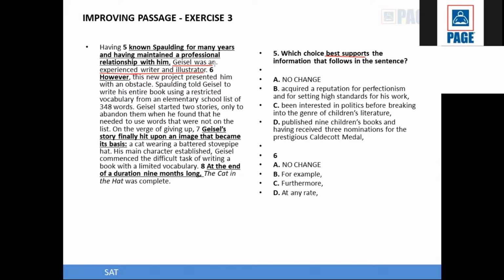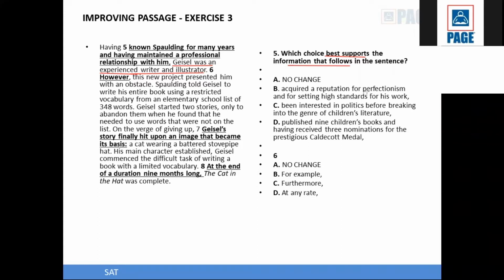Which sentence talks about he was an experienced writer and illustrator? They're not asking you to replace. Supports the information that follows the sentence. That is, this sentence can be supported with which information? We cannot say with no change, because no change doesn't give any answer to our question.